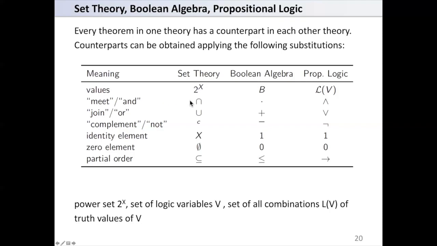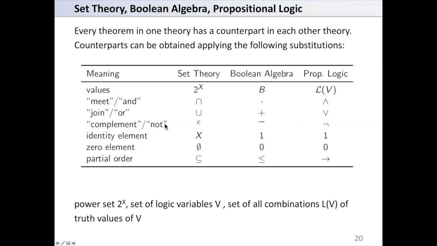The AND operation in set theory corresponds to intersection. It is the dot operation in Boolean algebra, and it is this AND operation in propositional logic. Join or OR operation is the union in set theory. In Boolean algebra, it is represented by the plus symbol, and this is the symbol for OR operation in propositional logic.